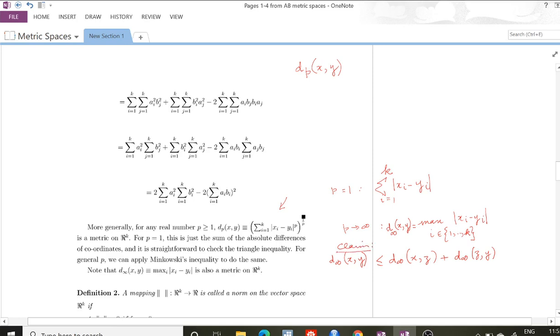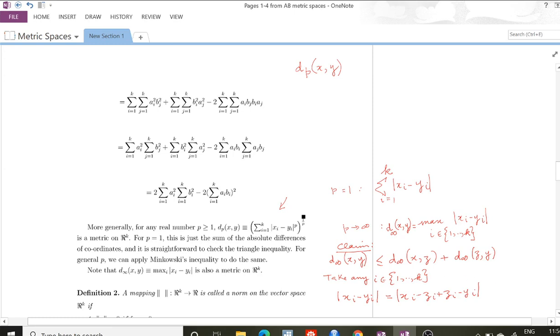Take any i and measure the difference xi minus yi in absolute value terms, right? So now you can see that xi minus yi is just xi minus zi plus zi minus yi, okay?